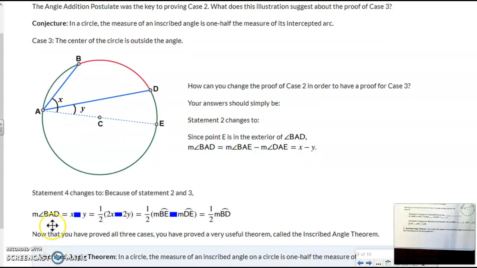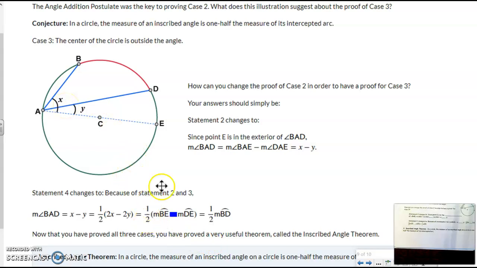So the whole thing minus a part will give you the other part. So the measure of angle BAD is equal to x minus y. And earlier, from case 1 and case 2, we know that if BAE is x, then arc BE is 2x. So this would be 2x minus 2y, and then half of that because it's the inscribed angle.